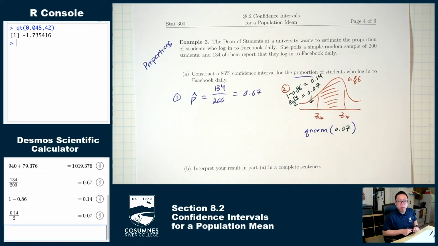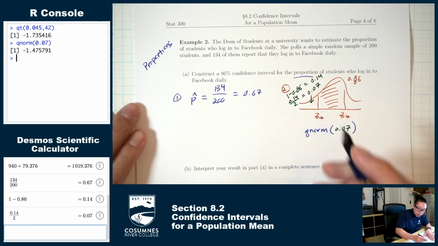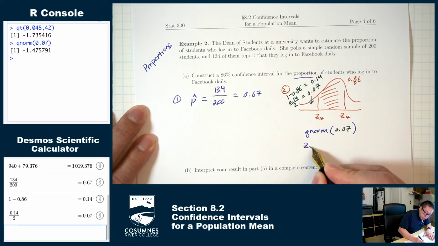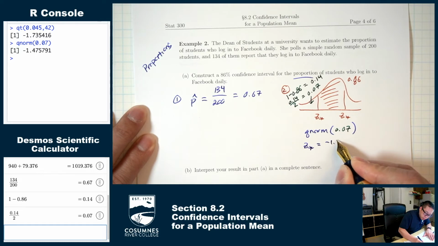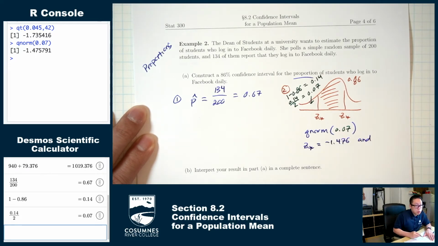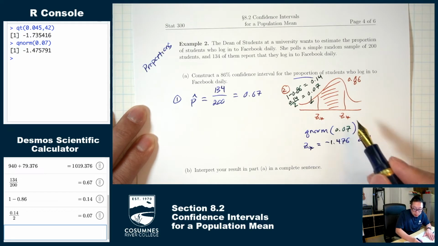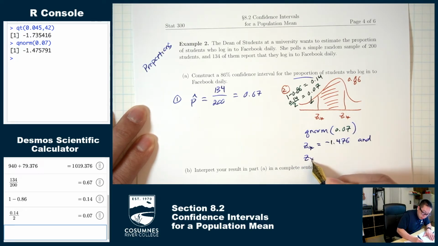Q norm 0.07 gives negative 1.476. Okay, that's our left one. The one on the right should be positive, so that's going to be positive 1.476.